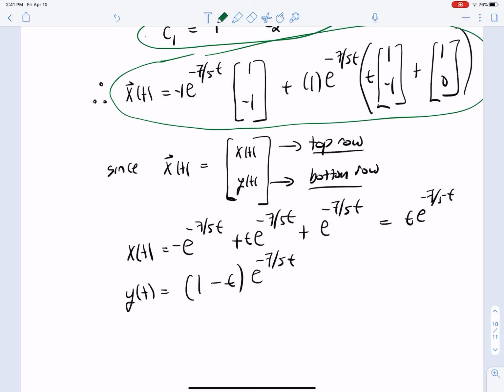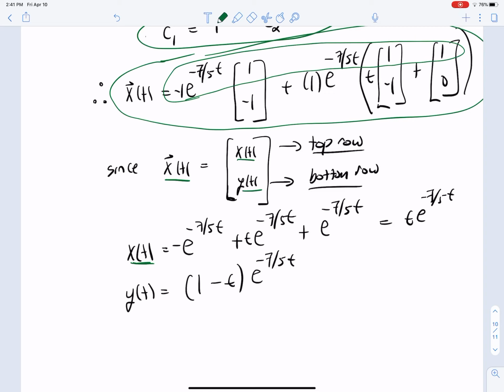So we need to remember that our vector x, we define that as the x species first and then the y species. So the equation for x is just the first row, and the y would be the second row.